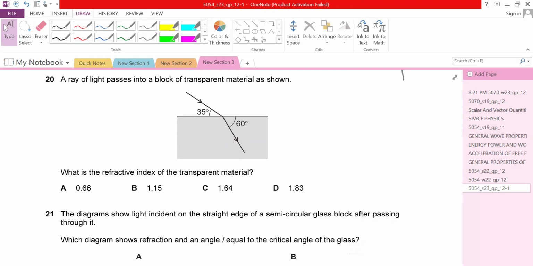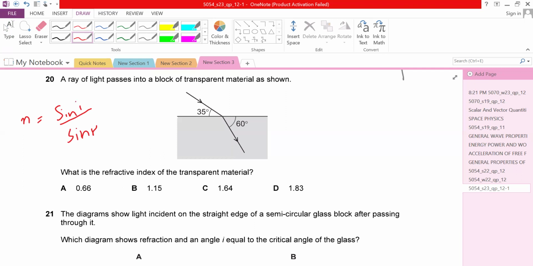A ray of light passes into a block of transparent material as shown. What is the refractive index of the transparent material? In this you have to find the refractive index. The formula is refractive index equals sine i divided by sine r.